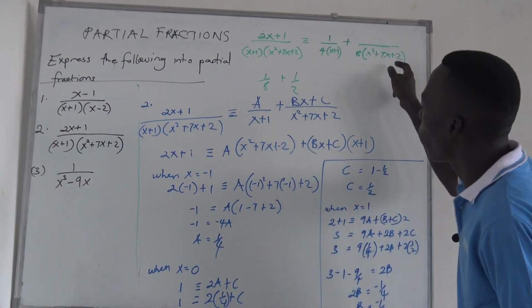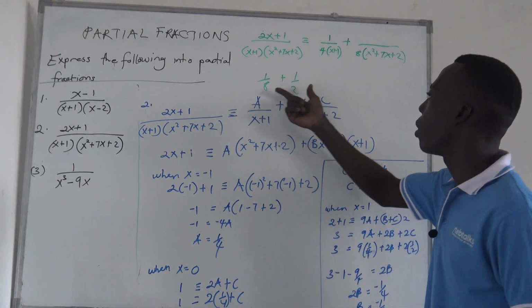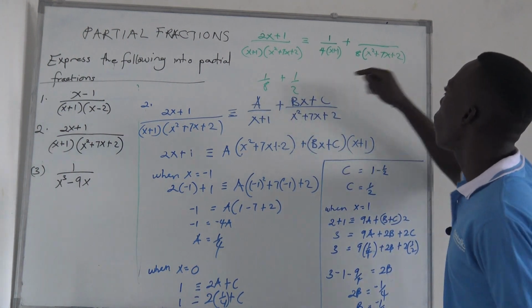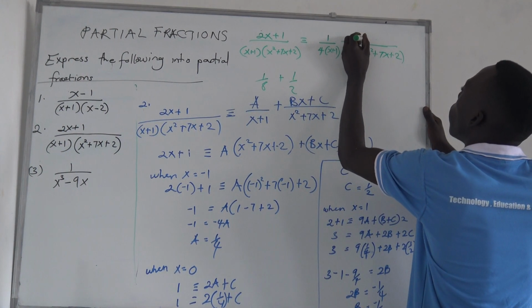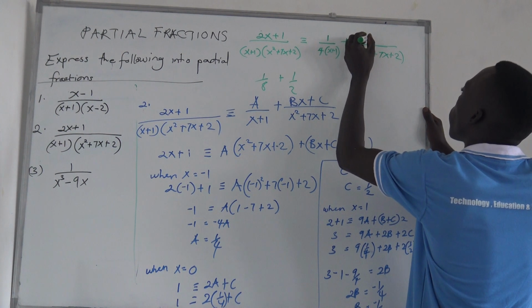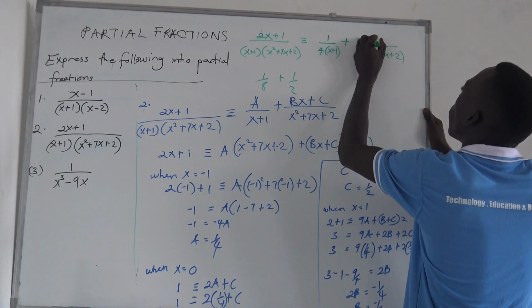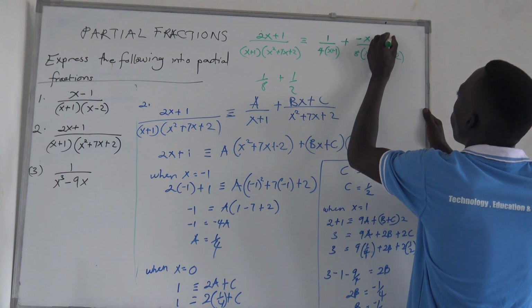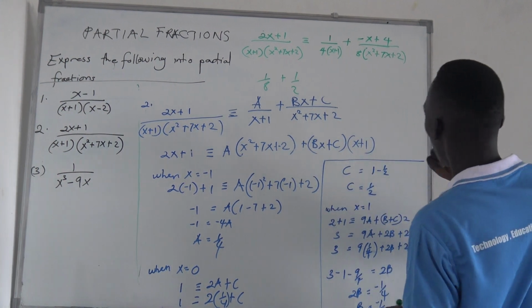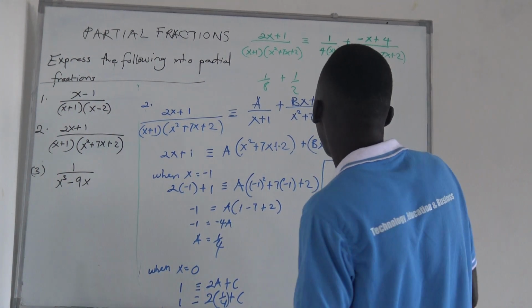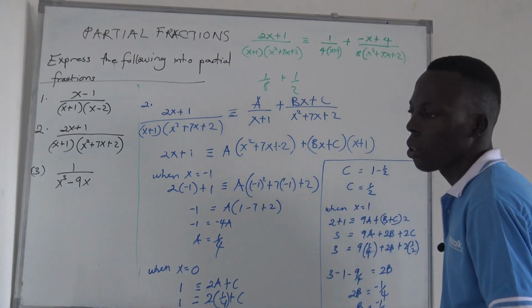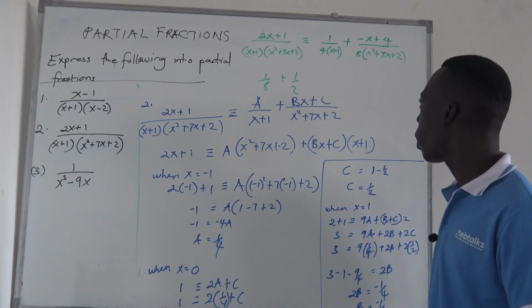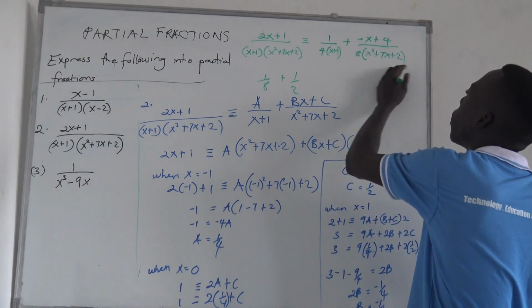So this is what I have just after getting the LCM. So divide again. So this one will be minus x, then again plus a 4. Instead of writing 1, I'm going to write a 4 after getting the LCM. So by doing that, that's how we can solve a question like this.